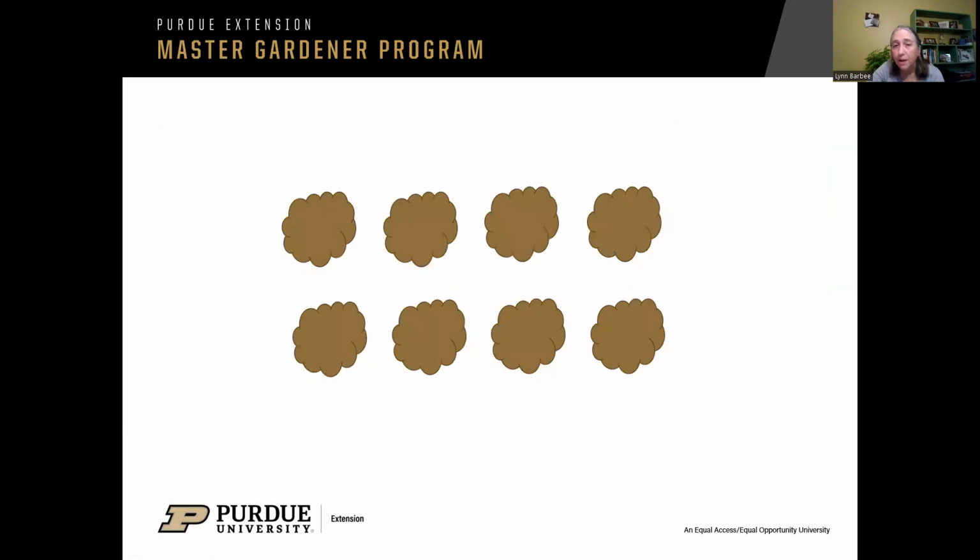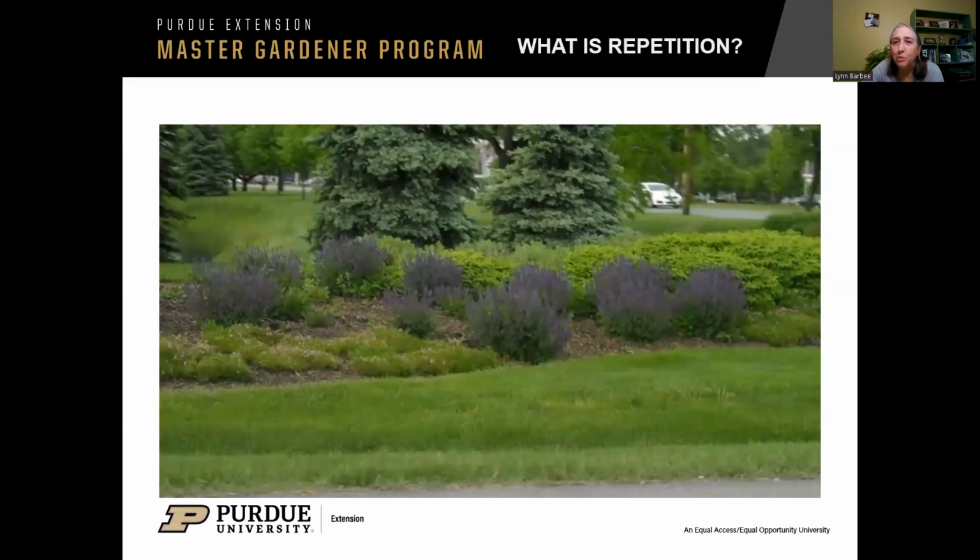We're going into a new topic here. Notice the way those purple catmints repeat throughout the landscape. It gives a nicer cohesive look than if you were to put one of this, one of that, one of the other in there.